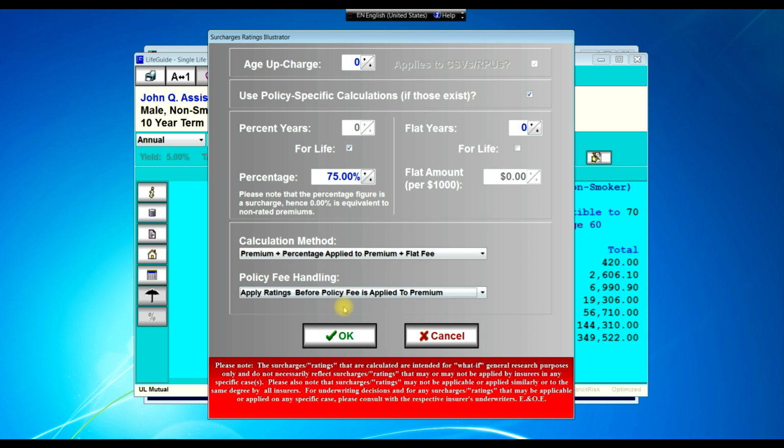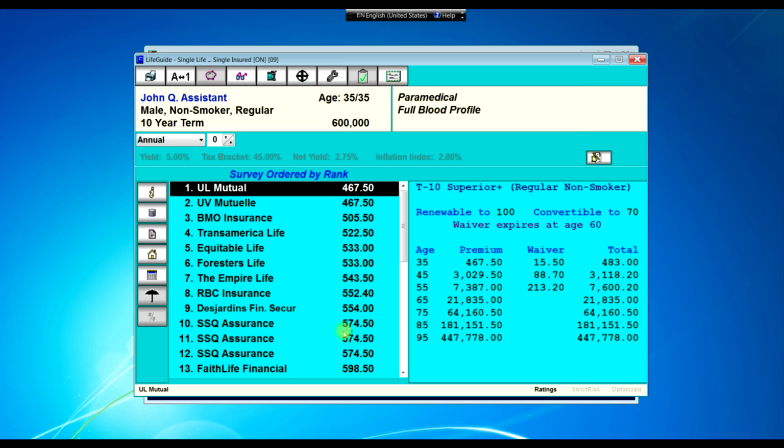So we'll do that. Let's take a look at this example now with a 75% rating applied, i.e. Table 3 or Table C. And here we are. Okay. Let's go back.